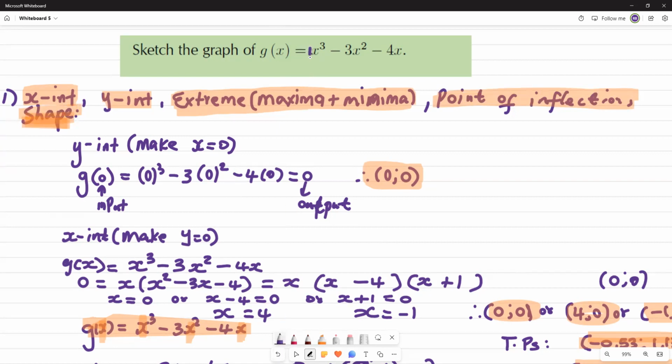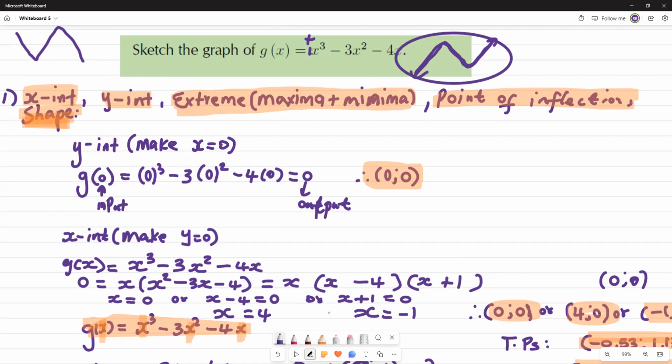Remember, a is 1 in this case, so it means it's positive. If a is positive, your graph will start by going up. So your cubic function will be like that. You see, the graph started by going up, then down, then up. If this was negative, it would start by going down, then up, then down. So I know that in this case, my cubic function will look something like that, right?